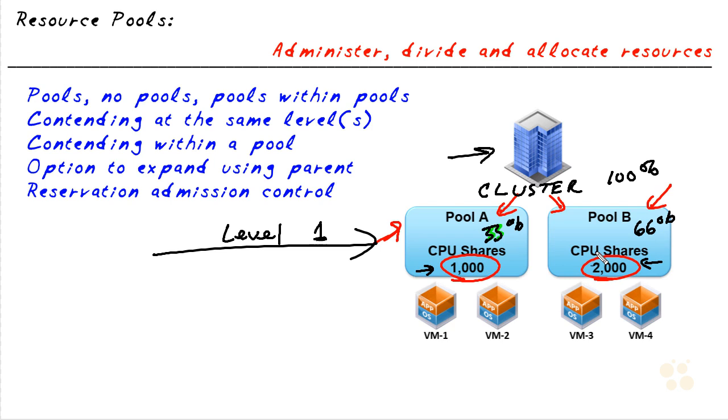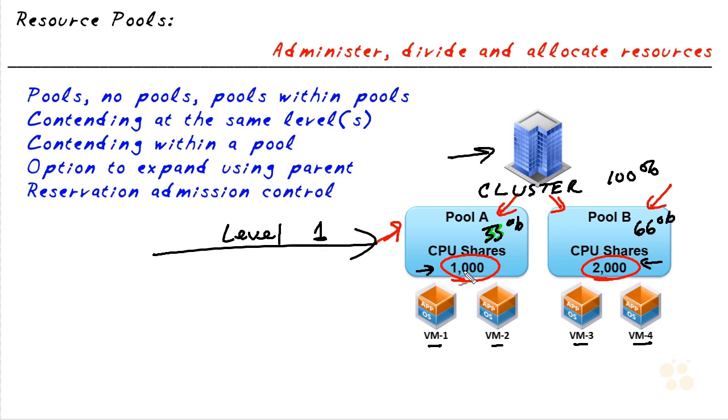Now, one of the cool things about resource pools is that we can put VMs into those resource pools. So for example, if we put VM1 and VM2 inside of resource pool A and VM3 and VM4 into resource pool B, VM1 and VM2 also at the VM level, like we looked at in the previous video, they also have their own individual settings for things like reservations and limits and shares.